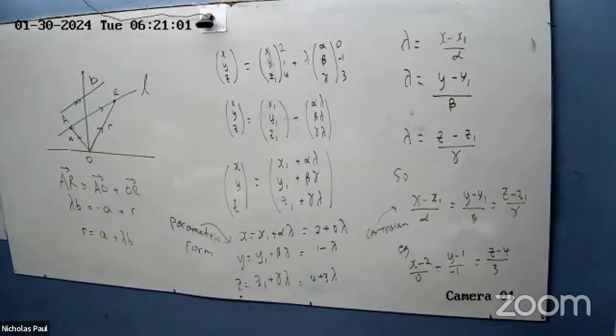Then make x, y, and z the subject to give you the parametric, then make lambda the subject to give you the Cartesian.